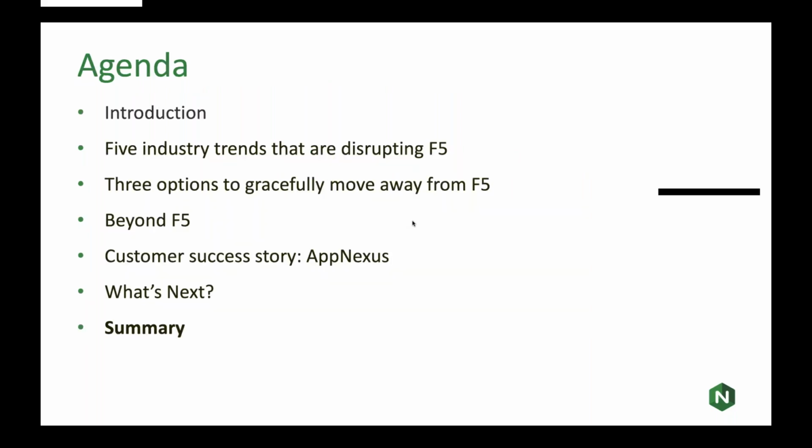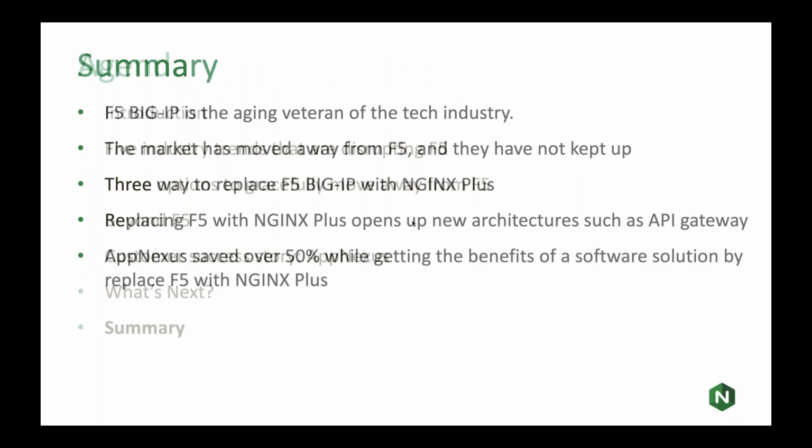Right, and really just to summarize what we've been through today. F5 Big IP is an aging veteran of the tech industry. The market is moving away from F5, and they have not really kept up with the requirements of application development and application development processes. There are 3 ways to replace F5 Big IP with NGINX Plus: behind a layer 4 load balancer, in parallel to F5, and rip and replace.